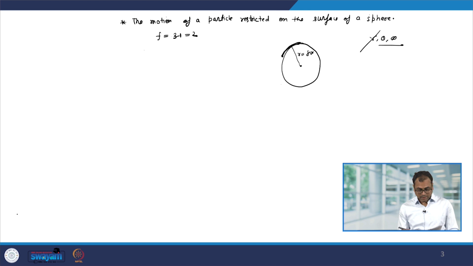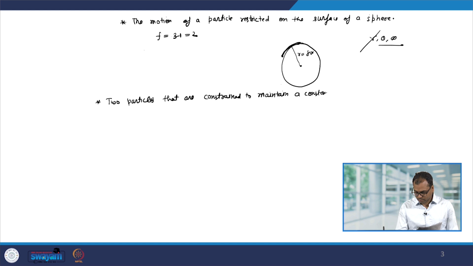Now, let us look at the example of two particles that are constrained to maintain a constant distance from each other.